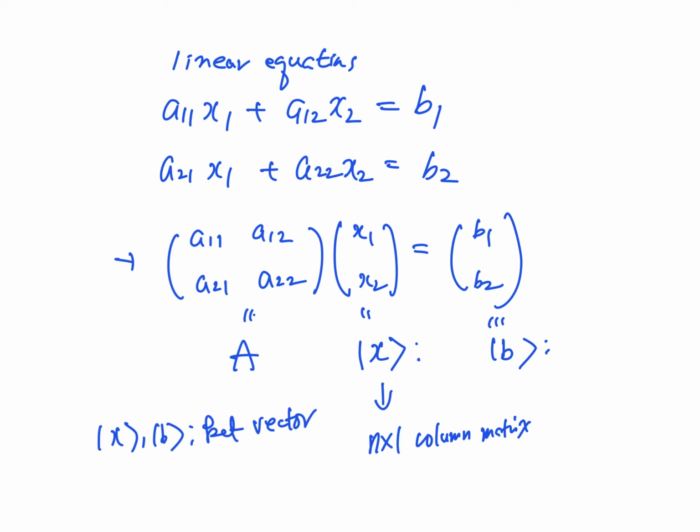So when I say ket vector, that means a 2 by 1 column.